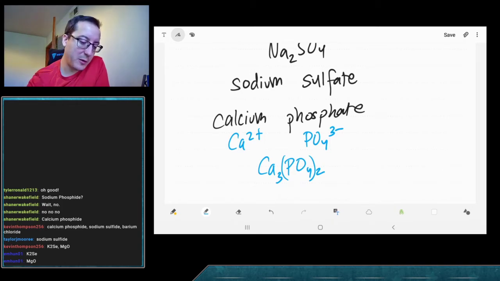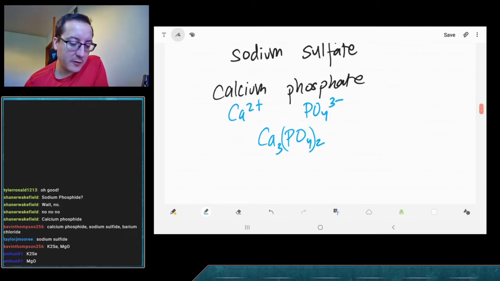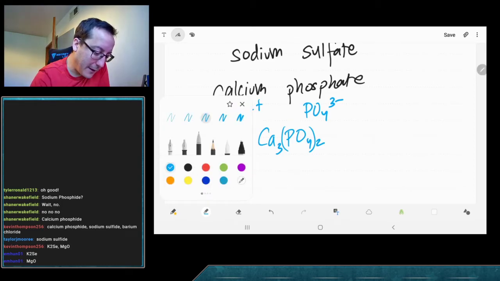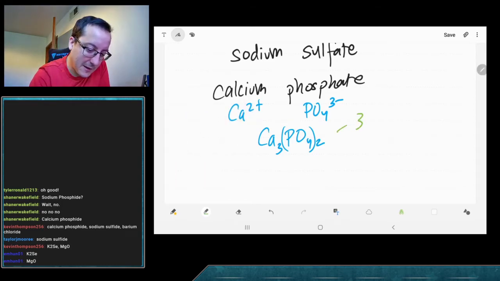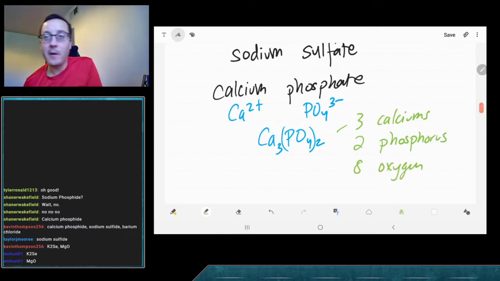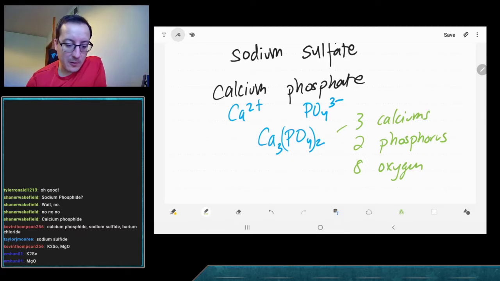And if we were to count all of those, we would distribute the 2 for both the phosphorus and the 4 oxygens. So in this, there would be 3 calciums, 2 phosphorus, and 8 oxygen. All right, if we wanted to see exactly how many of each atom were in there.